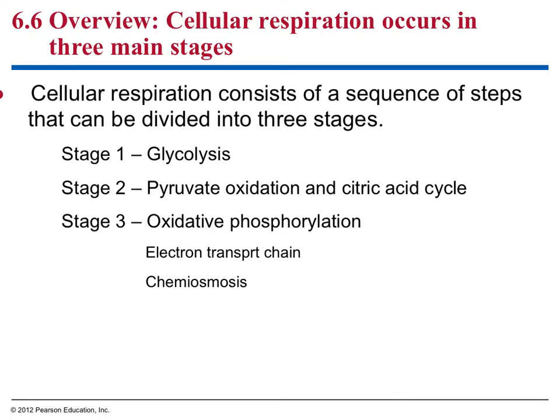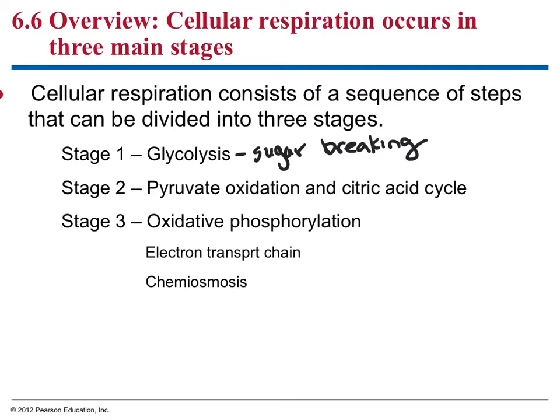So let's just look at the names of the stages of cellular respiration. Remember that cellular respiration occurs in steps. So the first step is what we call glycolysis, and that literally means sugar breaking. So initially what has to happen is that glucose molecule is broken into two separate molecules.